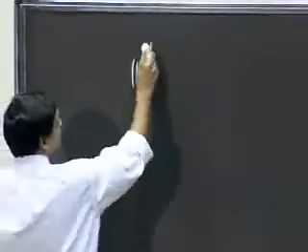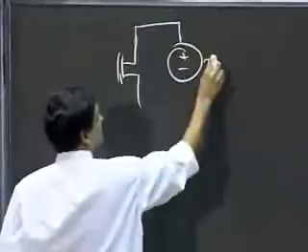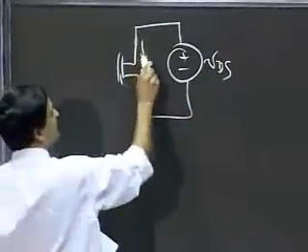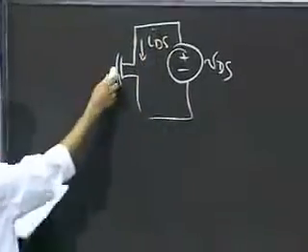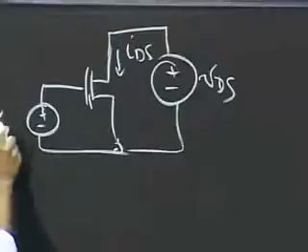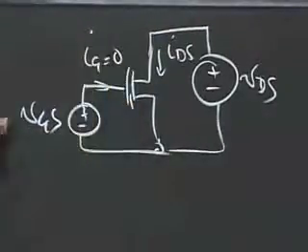So what I'm going to do is figure out what IDS looks like. Remember, IG into the gate for 6002 is always going to be 0.